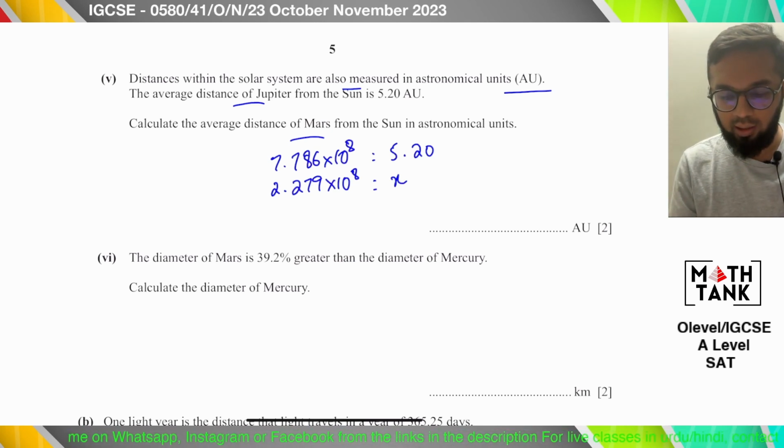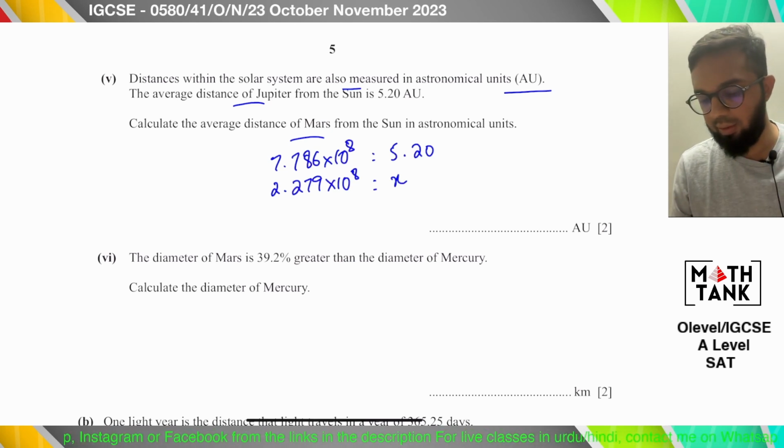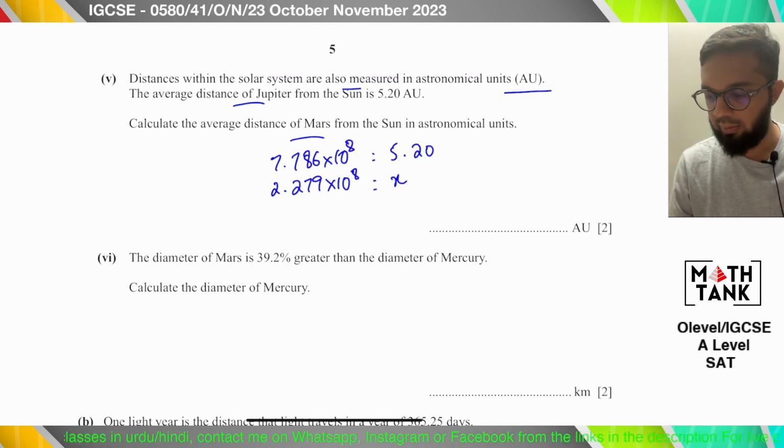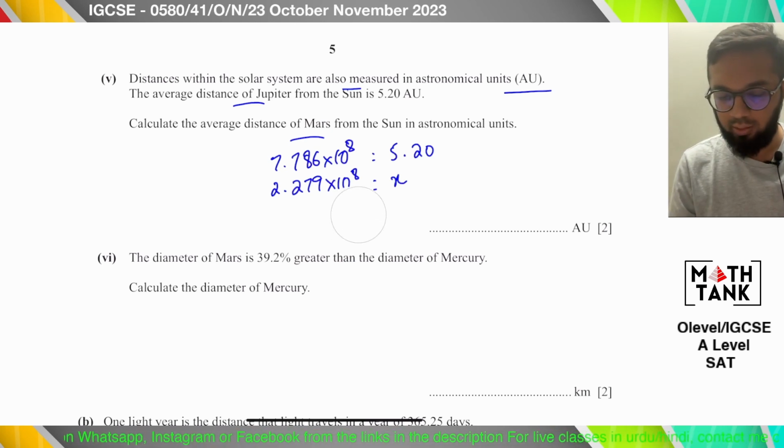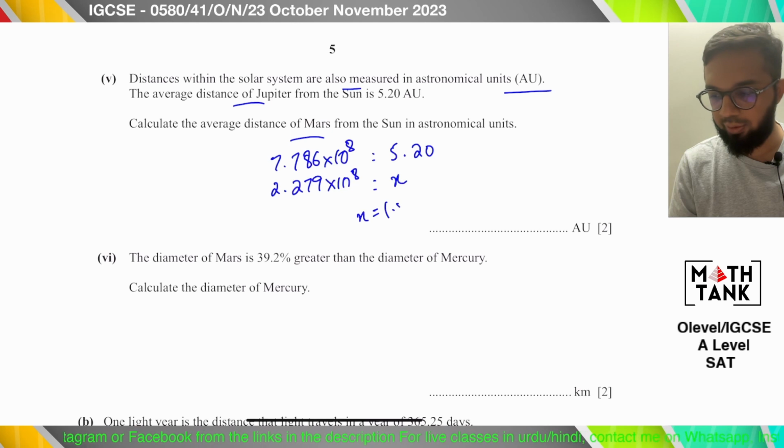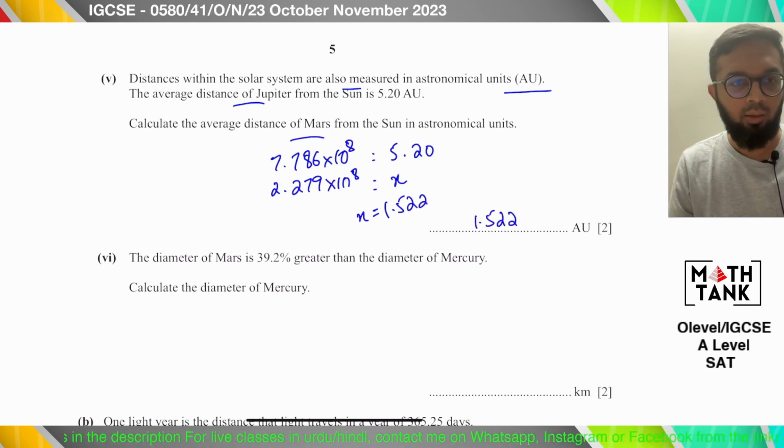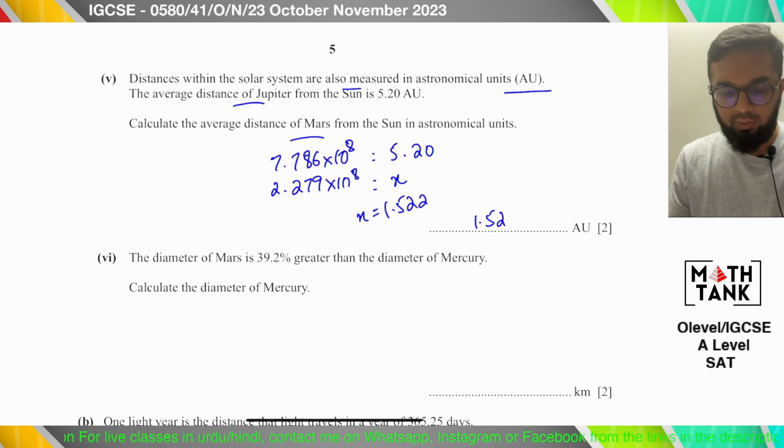That gives me a very large number, so I'm going to eventually divide by 7.786 × 10^8. That gives me X as 1.522, three significant figures, 1.52.